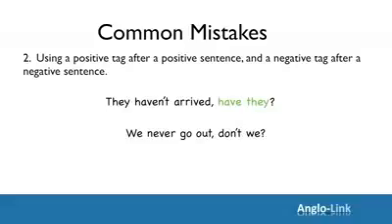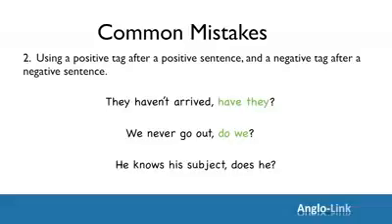Now remember that never creates a negative statement. Therefore, the tag has to be positive. We never go out, do we? And the final example, he knows his subject, does he? He knows is positive, so your tag has to be negative. He knows his subject, doesn't he?